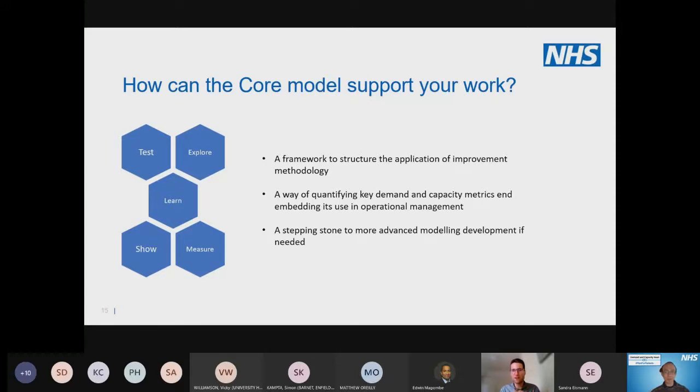So there are these modeling methodologies that are really useful if they become BAU, and they just become part of how everyone talks about demand, how we should measure demand, and how we should be talking about capacity. That is a huge help, because I spend a lot of time talking to teams about why you shouldn't plan your 2-week rate capacity on an average, as it's not taking account of variation.